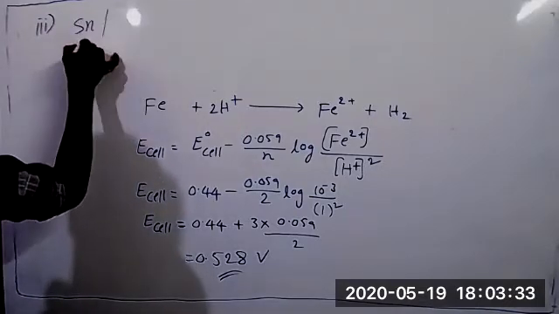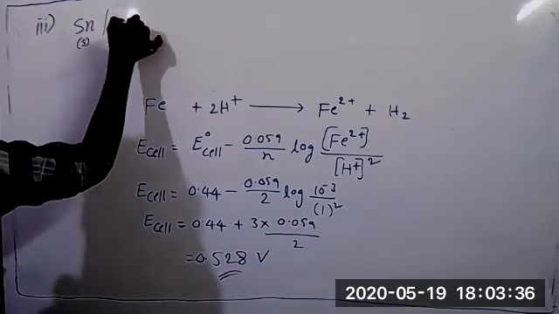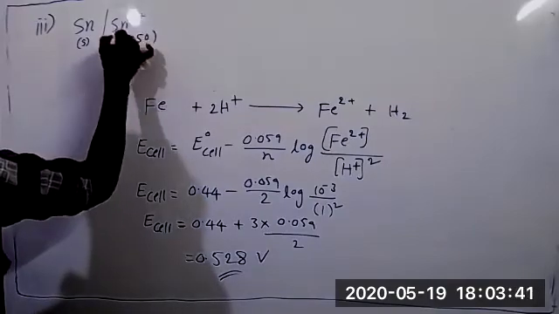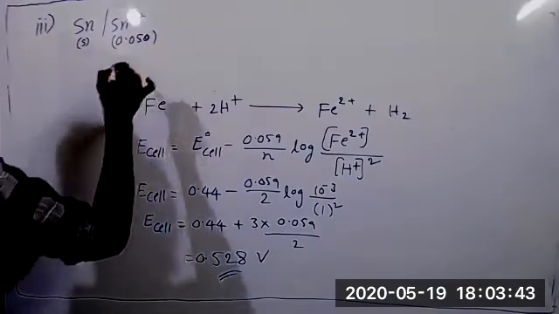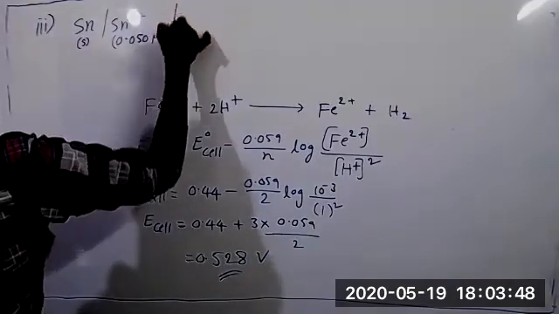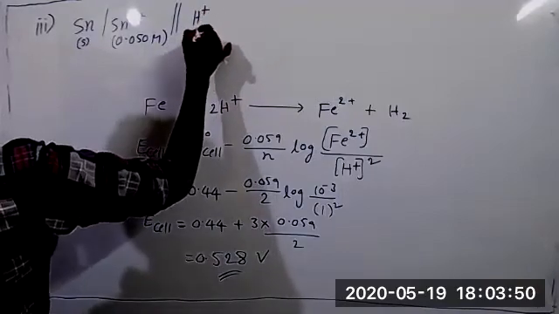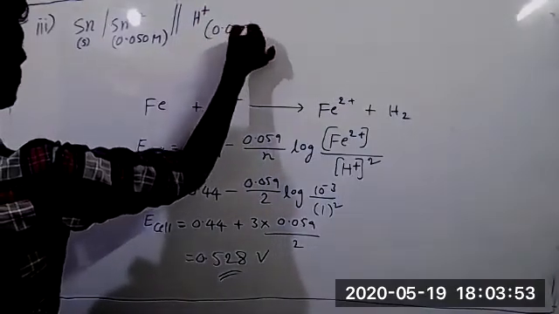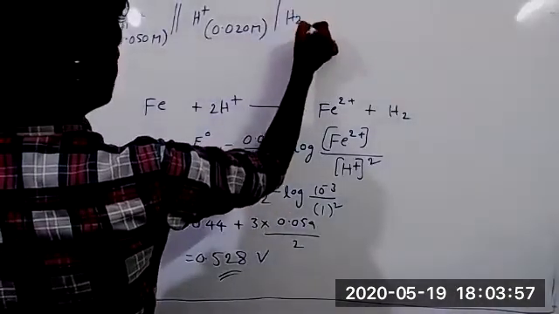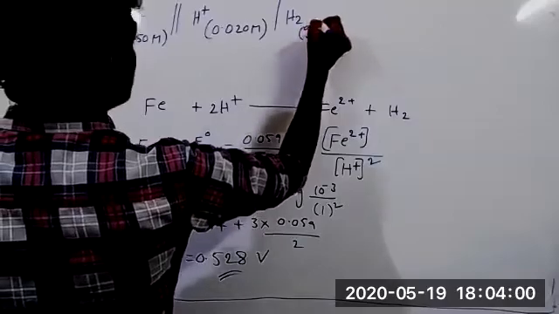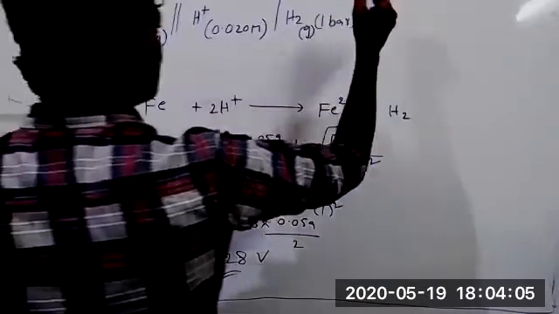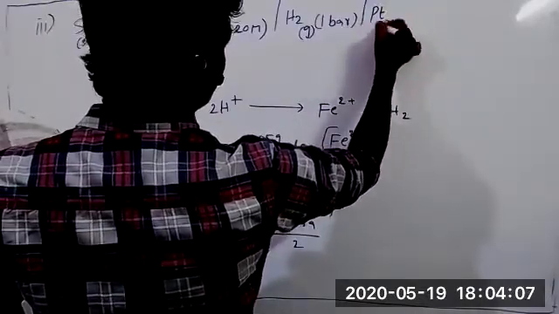Sn solid becomes Sn2 plus, 0.050 m. H plus concentration is 0.020 m. Some hydrogen gas, 1 bar pressure. Platinum electrode.